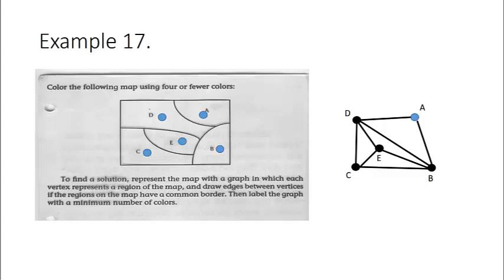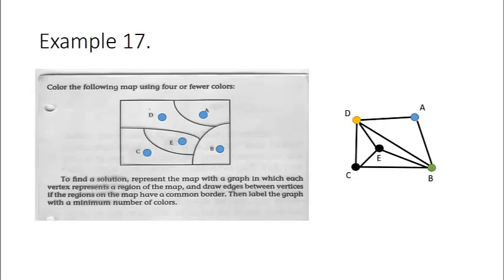Now, since A and B share an edge, they must receive different colors. So we'll pick a different color for vertex B. I picked green. Now, what about D? Well, D cannot be blue because it shares an edge with A. And D cannot be green because it shares an edge with B. So we need a third color for vertex D.